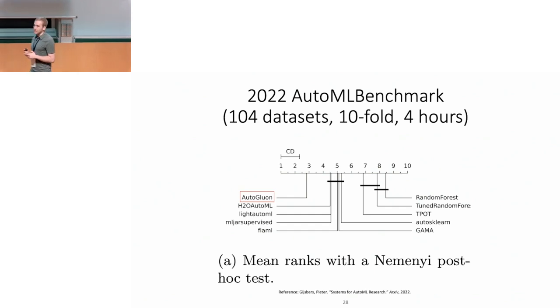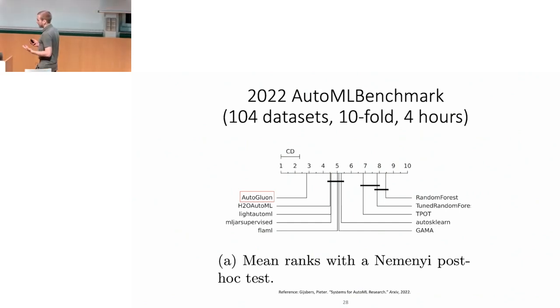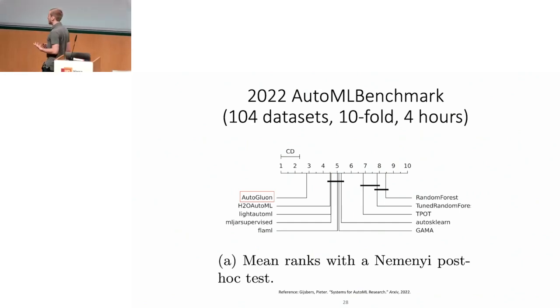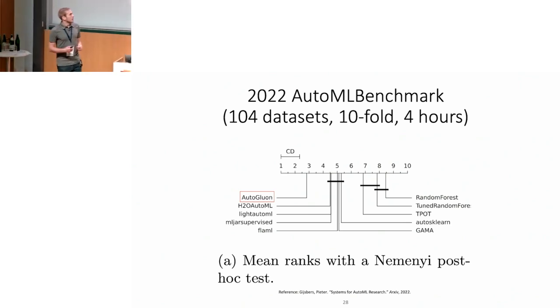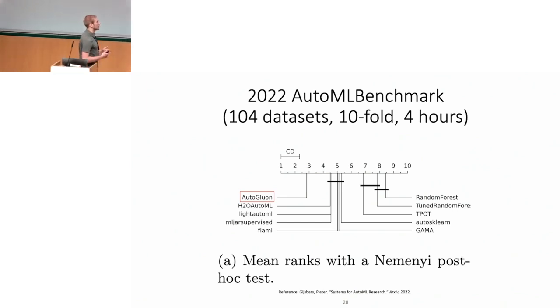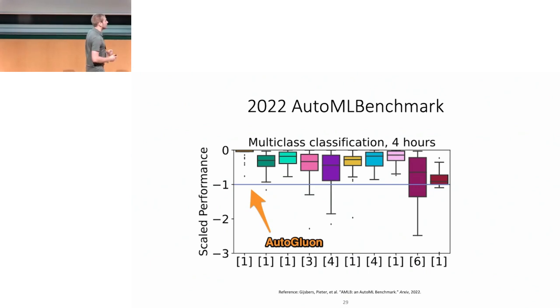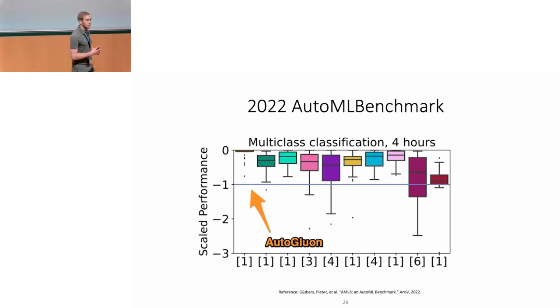And then in 2022, they released a paper on the AutoML benchmark, now with 104 data sets, where they showed that AutoGluon was statistically significantly stronger than basically the other AutoML systems in this suite of data sets. In particular, in multi-class classification, where stack ensembling is very strong, AutoGluon gets particularly powerful results.